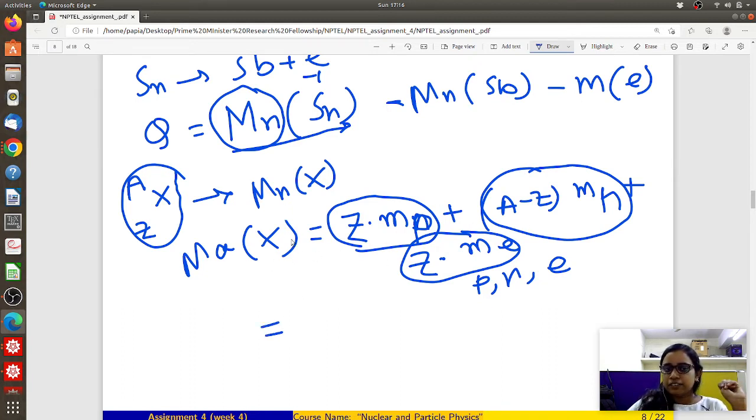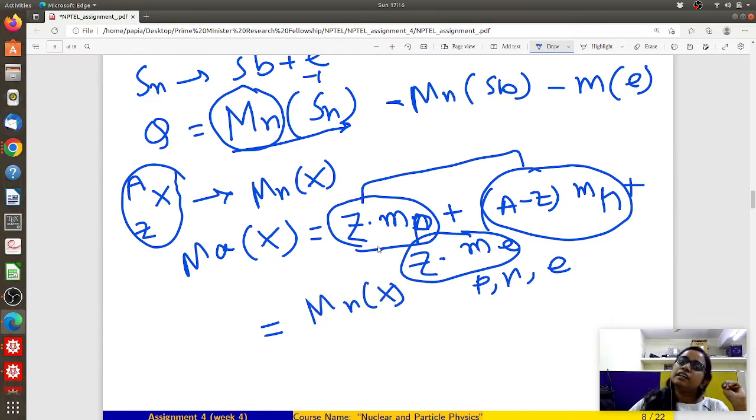So what is the difference between nucleus mass and atomic mass? See, this portion Z Mp plus A minus Z into Mn, this whole portion is nothing but Mnx. Why Mnx? Because in the nucleus, obviously, protons and neutrons are there, and there is no electron inside the nucleus. So Mnx is about these first two parts. And what is left here? The left one is Z into Me.